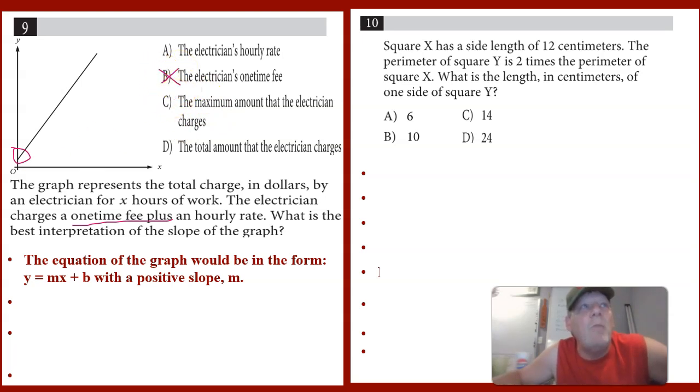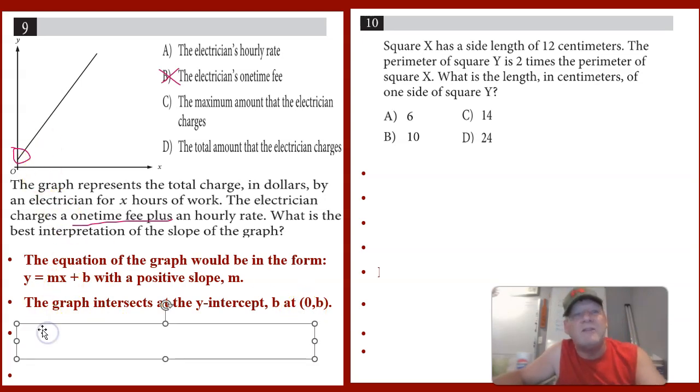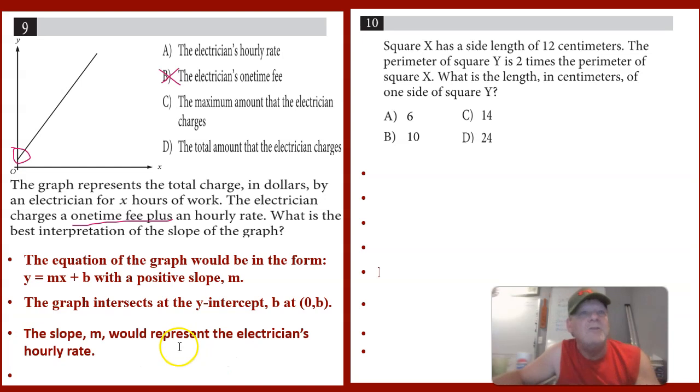So we know that the slope is not the one-time fee. Remember, the slope is the change of y over x. So it starts at 0, b, that is that one-time fee, that is the y-intercept. The slope would represent the electrician's hourly rate, so that would be choice A. Now, why did we rule out C and D?